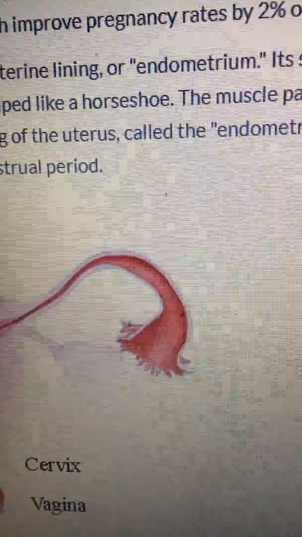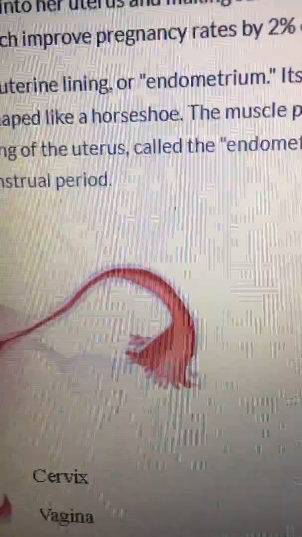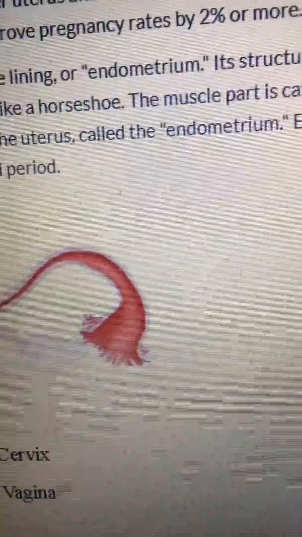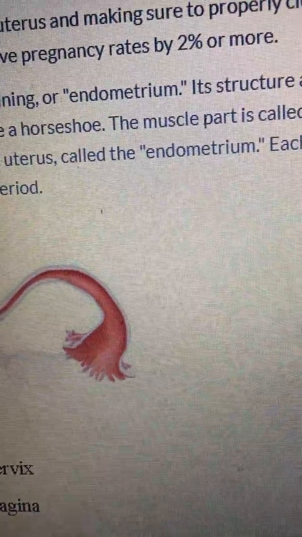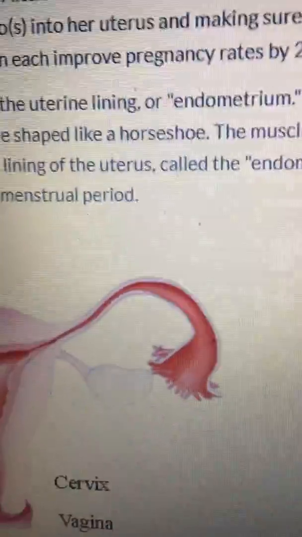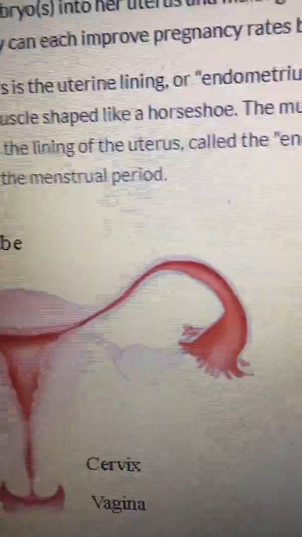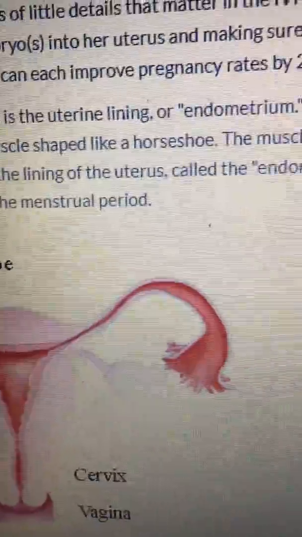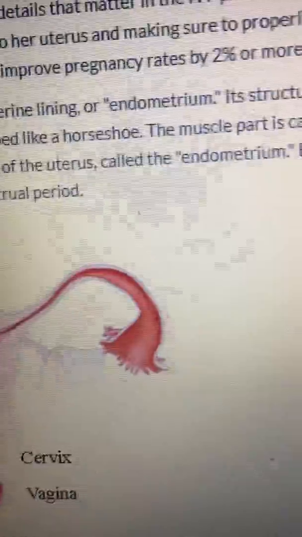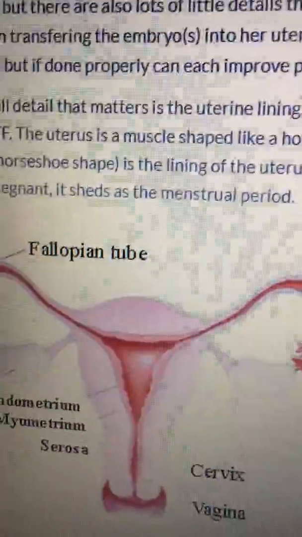But for people who have irregular cycles, and remember I said, I don't know if I said it to you or if I thought I was going to say it to you, but if you have irregular cycles, it's good to be on the pill initially to kind of reset your cycle. So you give estrogen for a certain amount of days, and you'll give progesterone for a certain amount of days to mimic this cycle.